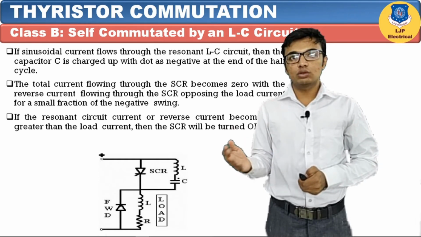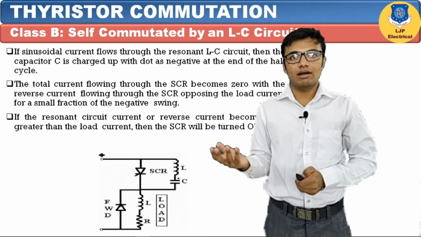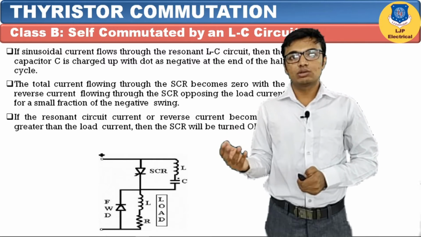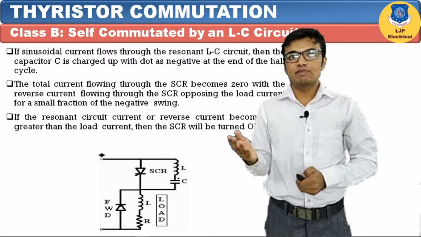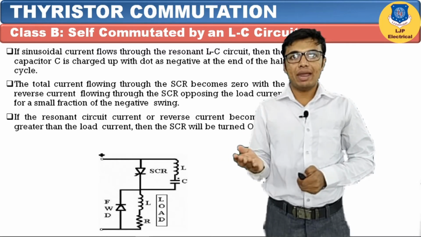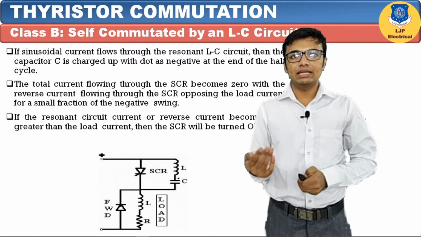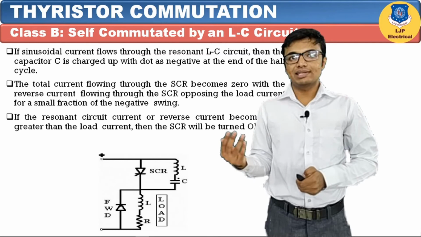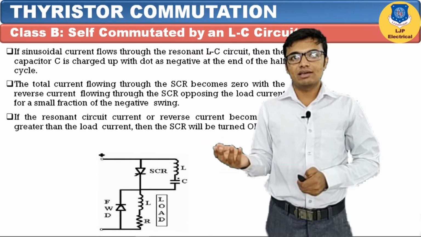The current flowing through the SCR will be the supply current and, at the same time, the discharge current of this capacitor, and the same current will flow through this load. Across the load we have connected one freewheeling diode, which is used to dissipate the energy of this inductor, because a very high di/dt will be generated when the current through this inductor becomes zero. So the bottom plate of this capacitor will charge as positive.